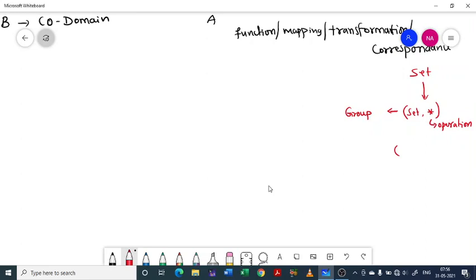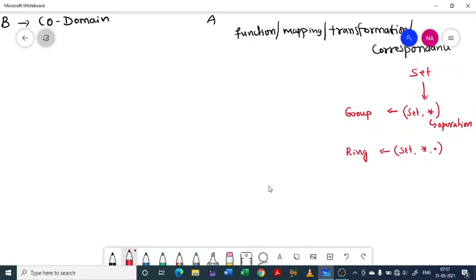Then we will study a set along with 2 operations or 2 functions, and this is called a ring. That algebraic structure is called a ring.